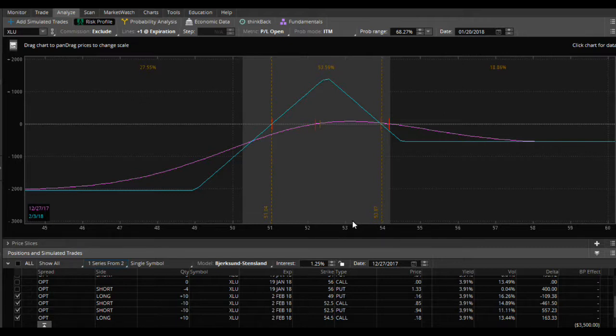Okay, as you can see, we are a little skewed, but we didn't have to go as far out on the call side as we did on the put side in order to get cheap options. So the 54.5 call was only 18 cents, where the 49 put, which is an entire $1.50 further out, was 16 cents. And so I didn't have to go nowhere near as far for that in order to get some of these cheap options for protection.